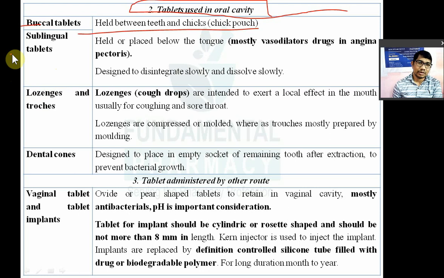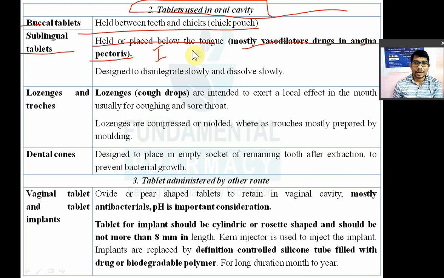Sublingual tablet, very important. These tablets are held or placed below the tongue. It is mostly a vasodilator type of drug used in angina pectoris, mostly isosorbide dinitrate, which is given by the sublingual route.